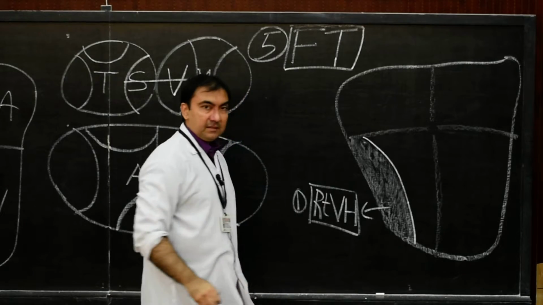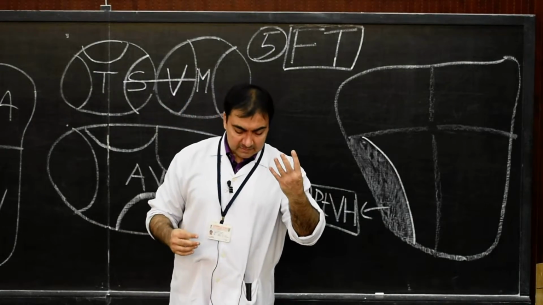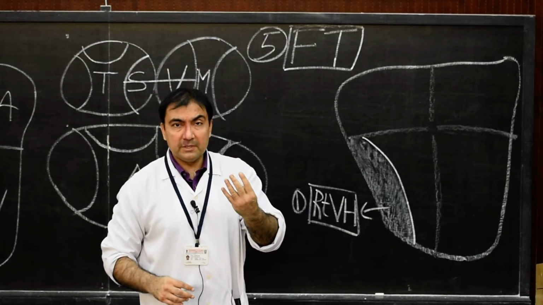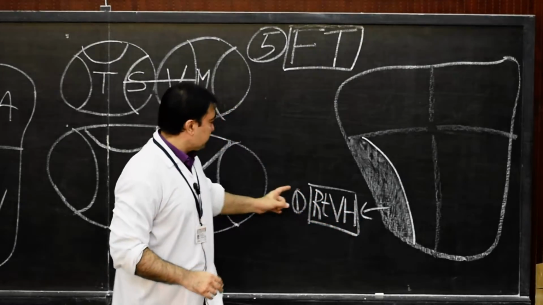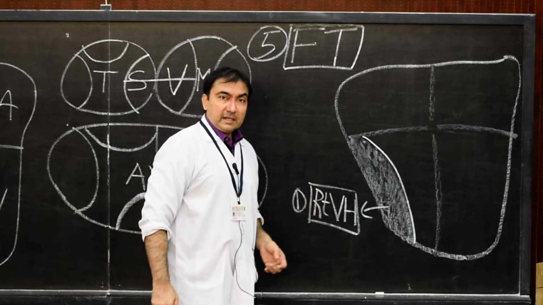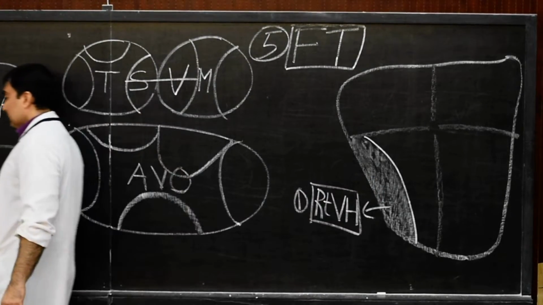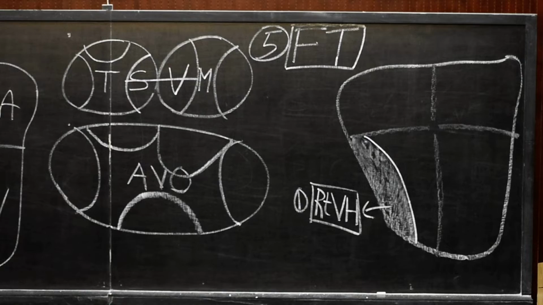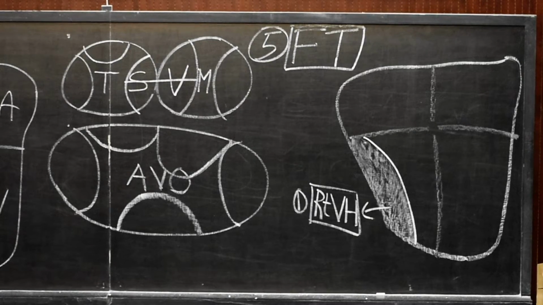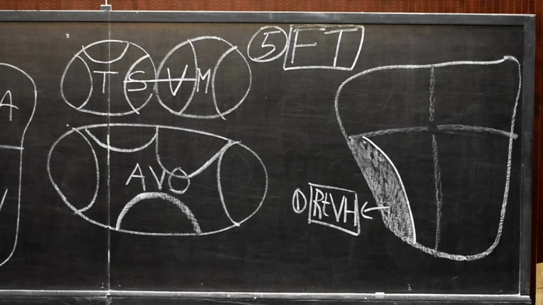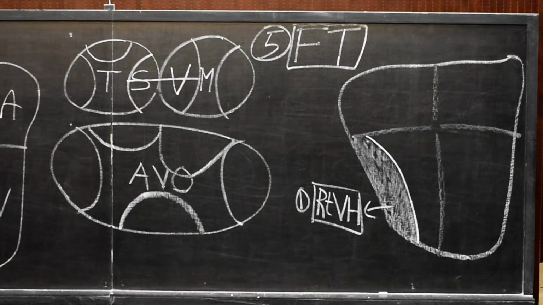Fallot's tetralogy is a combination of 4. Tetralogy 4. So a combination of 4 anomalies. First will be right ventricular hypertrophy. Second, I will take a pink color as well as blue color, and also green color.